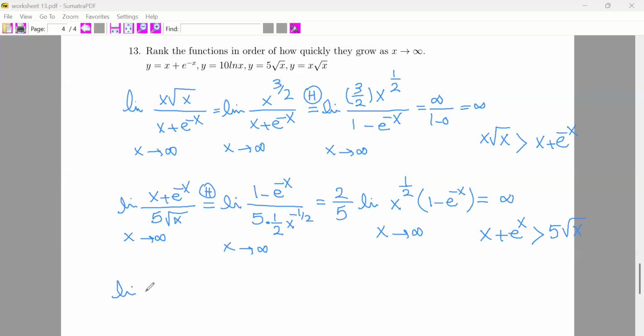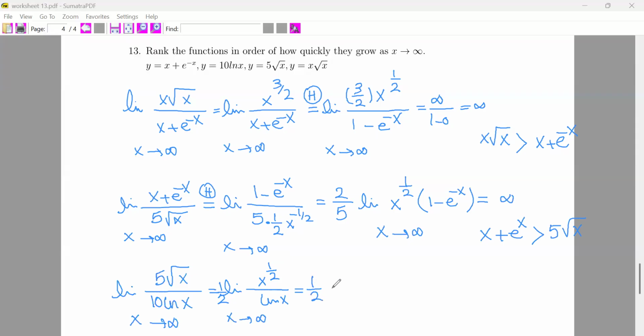Now, we would find 5 square root of x over 10 ln of x to compare them when x is approaching infinity. Again, in order to use L'Hopital, we would rewrite it in an easier way, simplifying 5 and 10, which is 1 over 2, and we can write it as x to the power 1 over 2 over ln of x when x is approaching infinity.